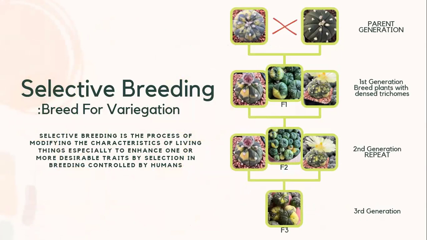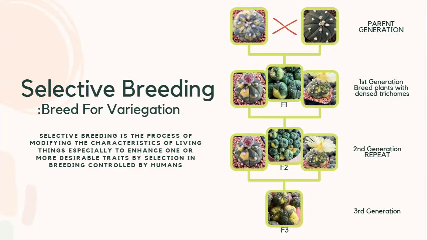In a certain population, you pick that one unique plant. For example, here we're breeding for variegated plants. You only have one variegated plant in the population, so you try to increase that population with selective breeding. You pair them. This is the parent generation, and maybe less than 5% will be variegated.